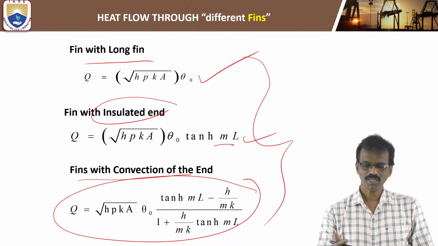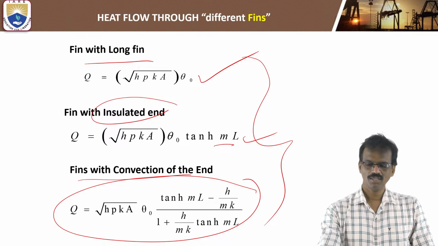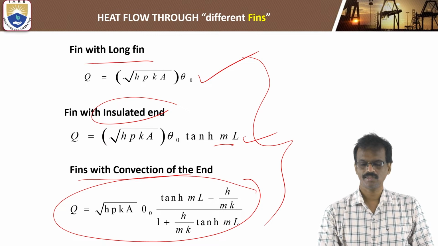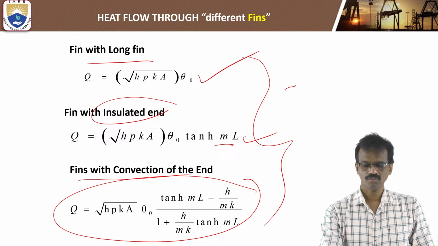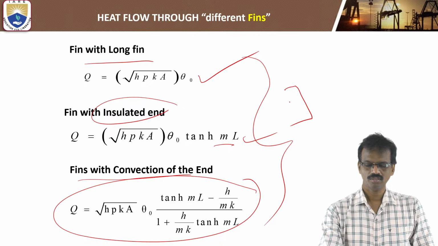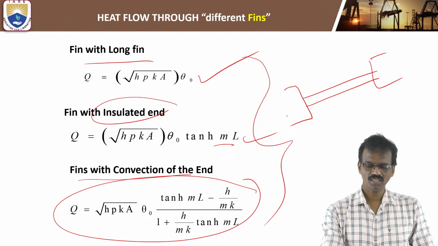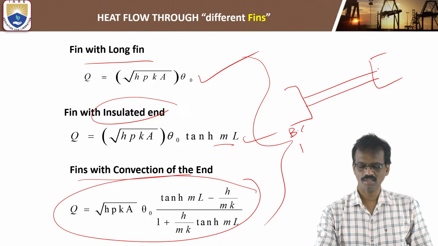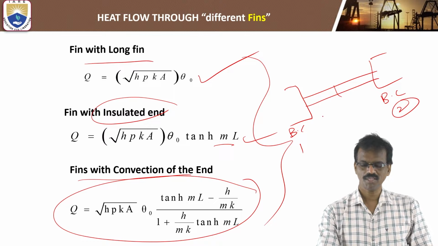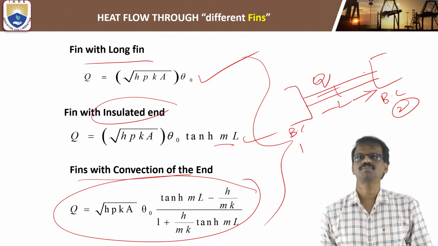Sometimes this type of derivation will also be asked in the examination. There is one surface, another surface, and in between there is a fin. The boundary condition at the first surface will be given as BC1, and the boundary condition at the second surface as BC2. The diameter and length will be given, and you derive the rate of heat transfer in the fin.